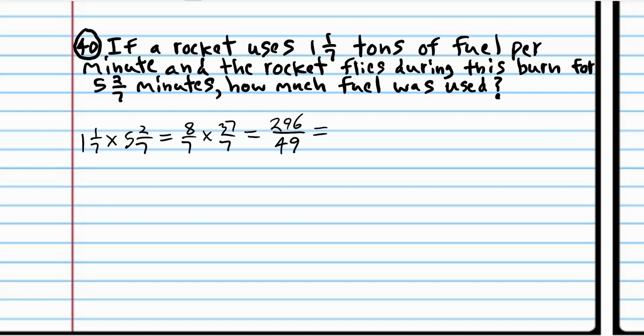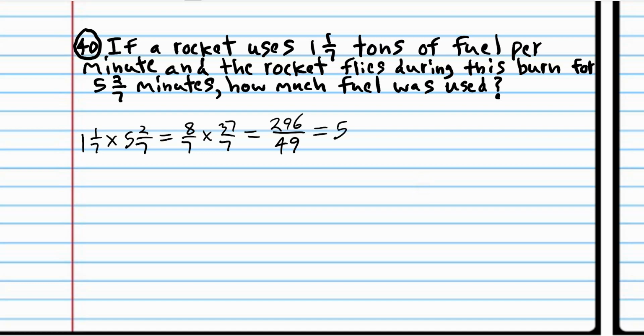And so it looks like it's going to be 1, 2, 3, 4, maybe 5 times. 5 times 49 is 245. So it's probably going to be 245. 1, 2, 3, 4, 5, 6. I have a feeling that might not be enough, but let's just try that.